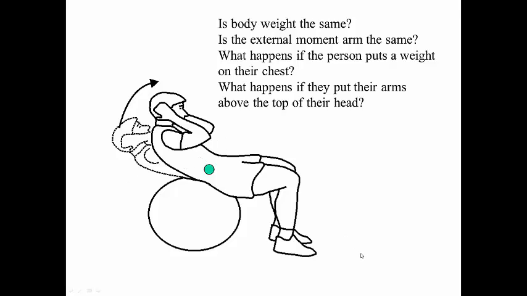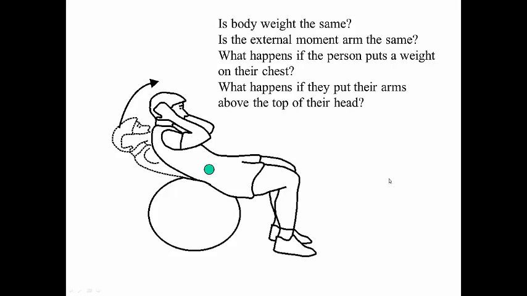When you do body weight exercises, your body weight does not change. Is the external moment arm the same from position 1 to position 2? It is not the same. You have a greater external moment arm in this dotted position 1 than when you pull your upper body closer to the center of rotation, which decreases the external moment arm.